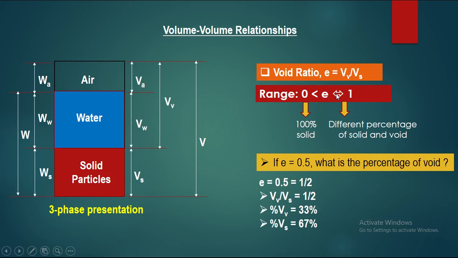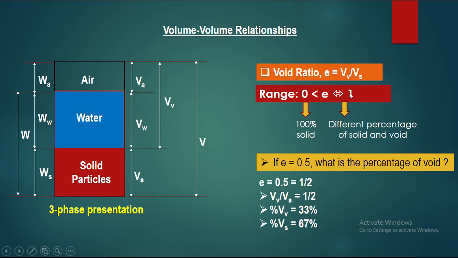For example, it will be less than 1 when the volume of void is less than the volume of solid. If our presentation is like this, this is the volume of solid and the remaining part is the volume of void, then the value would be less than 1. It can be equal to 1 when the volume of void is equal to the volume of solid, which is also very much possible.